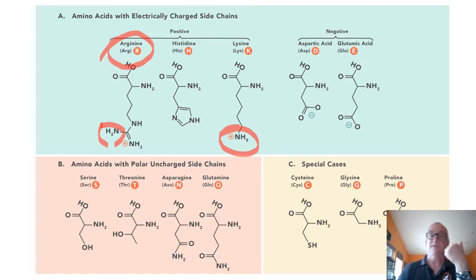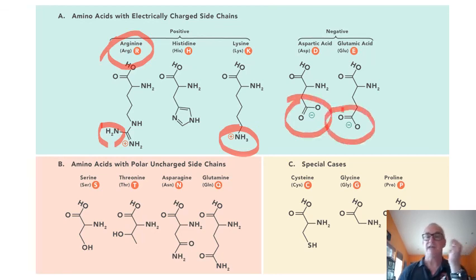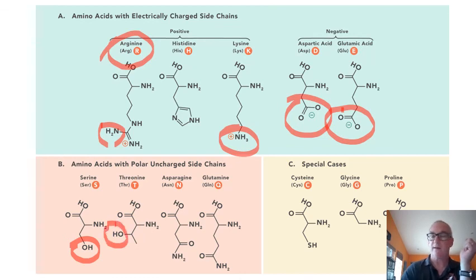Negative charges, acids, carboxylic acid. We have two of them. We have aspartic acid and we have glutamic acid. Glutamic acid is slightly longer. If you want uncharged, but you need some sort of reaction, we've got serine with a hydroxy group. We've got threonine with a secondary alcohol.